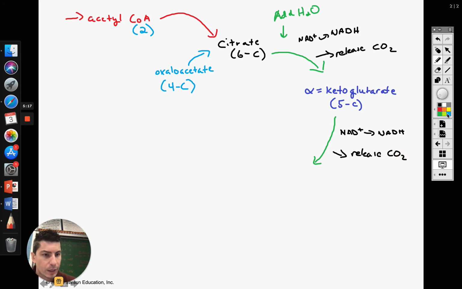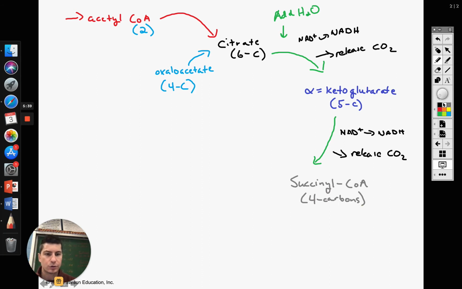In doing so, we now have 4 carbons left over. So we're going to call this succinyl coenzyme A. Fun name. Big thing that you have to know here: it has 4 carbons.